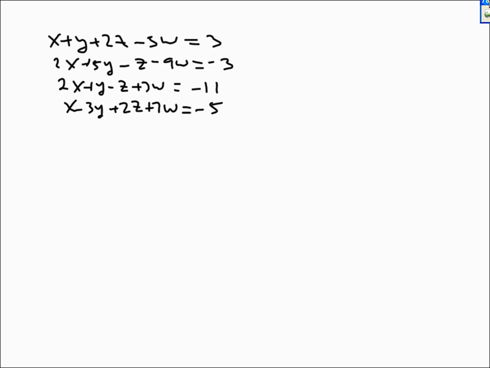First thing we need to do is translate this to an augmented matrix.